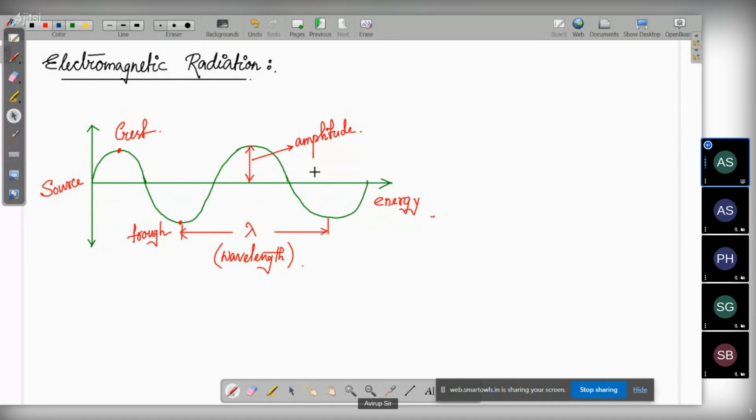And what is a radiation? When we say the word electromagnetic radiation, what does the word radiation mean?